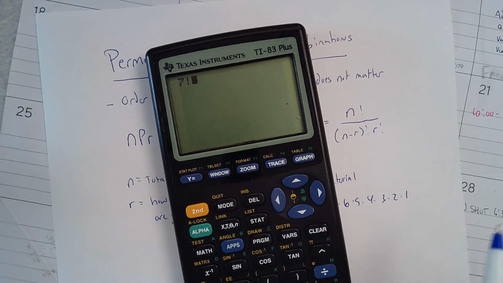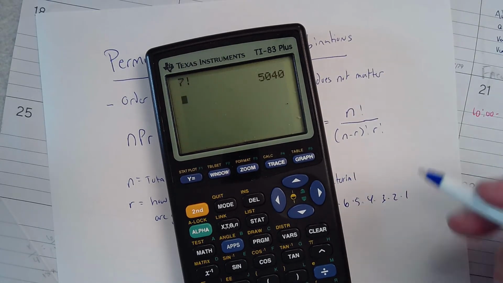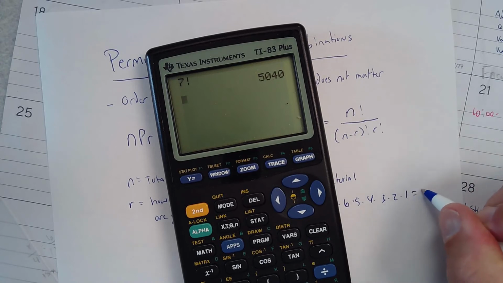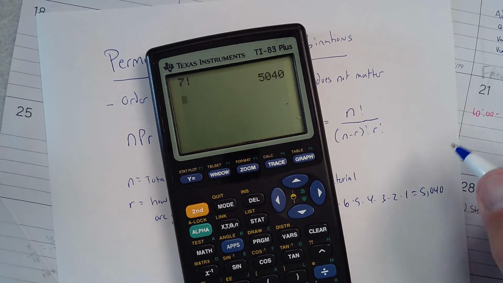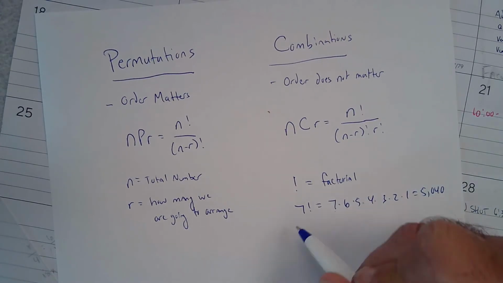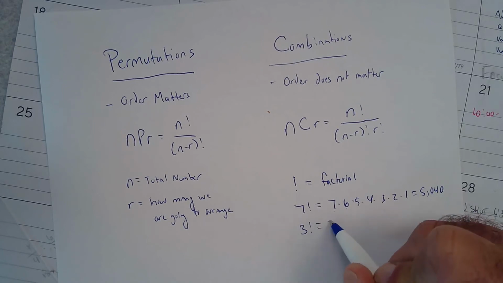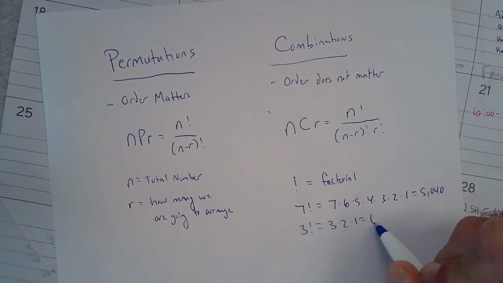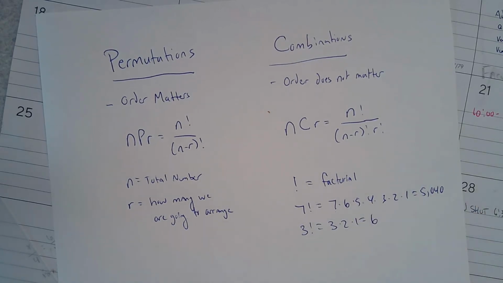If I hit number 4 for the factorial button, 7 factorial is going to be 5,040. And again, that's just if you multiplied 7 times 6 times 5 times 4 times 3 times 2 times 1. 3 factorial would just be 3 times 2 times 1, which would be 6.